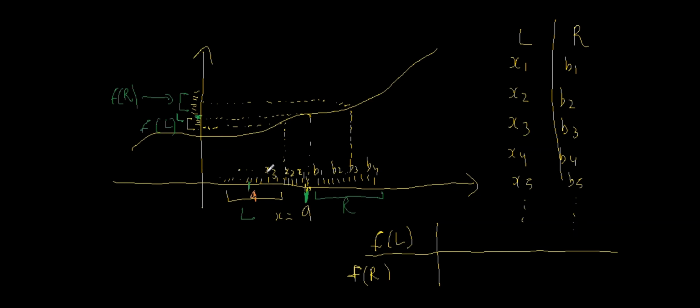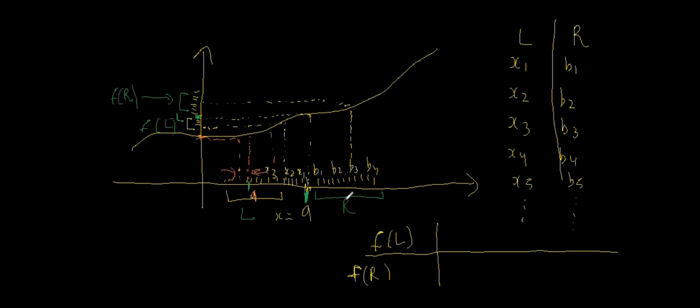Then here would have been the right, here would have been the left, and this would have been a left value that corresponds, here would have been a right value, and the value L would have dropped a little bit, somewhere here. That's what a limit is.